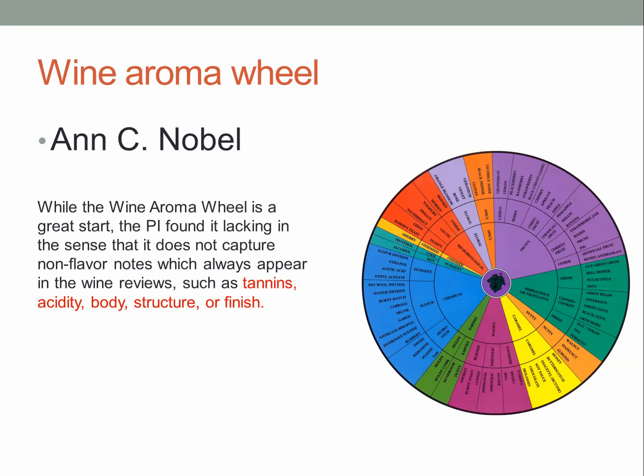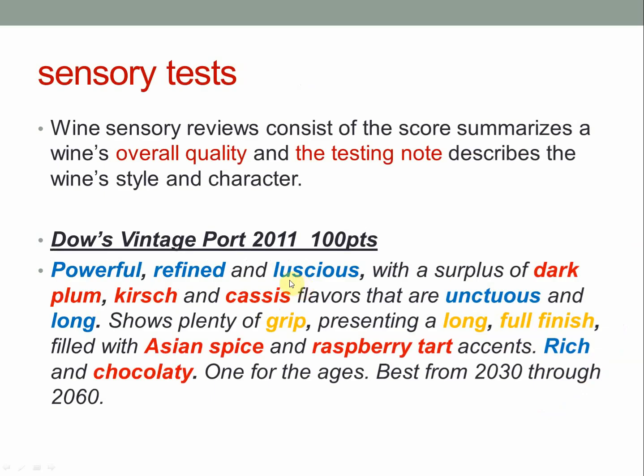Therefore, based on this one, we have developed a more computer-oriented wheel, what we call the computational wine wheel, to capture ideally all of those attributes describing the wine. Not only that, we also categorize those attributes into three categories.